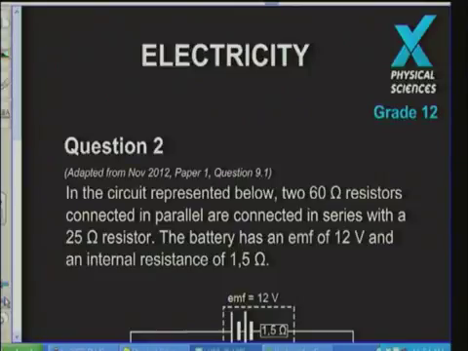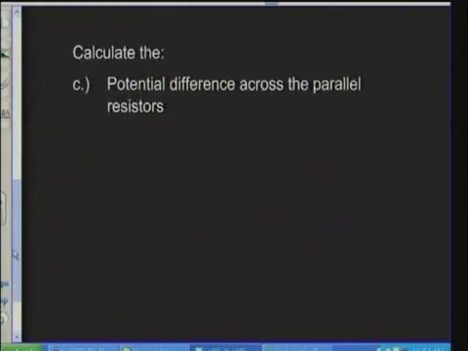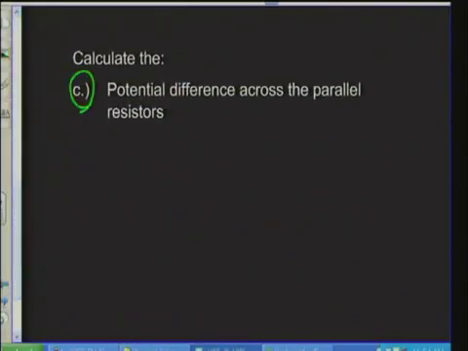The next question on this is number C here, that says find the potential difference across the parallel resistors. Now, potential difference across the parallel resistors would be given by total current times the equivalent resistance around the parallel connection.